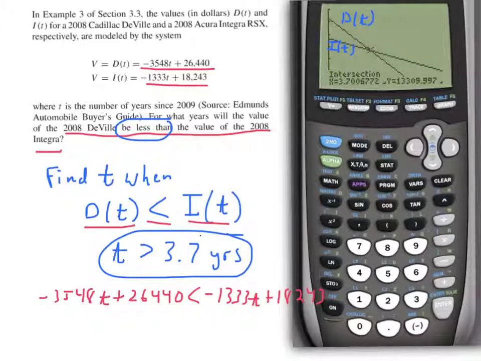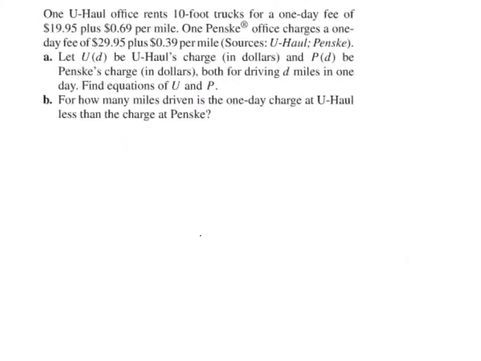And again, I'm not going to solve this all the way out just to save on time here, but you'd want to try to get your variables over here on the left side and your numbers on the right and solve it algebraically, and you should be able to check that it comes out to the same answer that we got when we did it using the graph. And I'll leave that as an exercise for you to check out on your own.